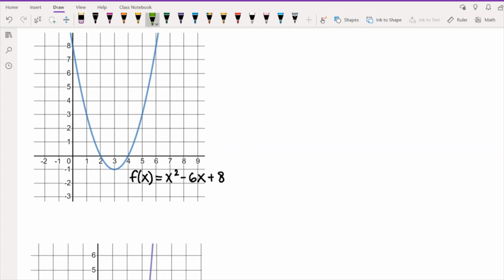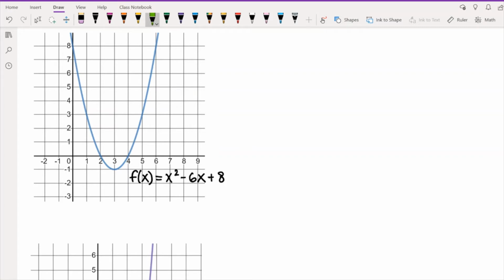So this is the function f of x is equal to x squared minus 6x plus 8. So maybe pause for a moment and think, forgetting about the graph, what would you say the domain is based on what we learned about domain in previous videos? So we learned that basically the only reasons that a function will have issues in its domain is if you're taking the square root of a negative number or if you're dividing by 0.